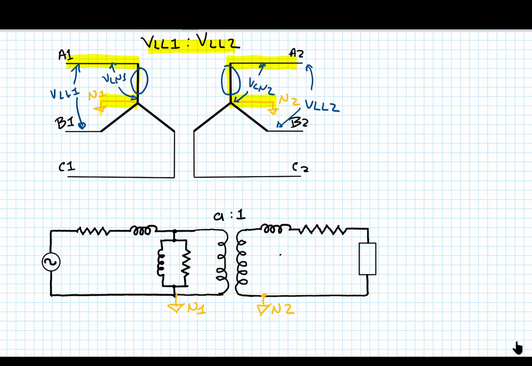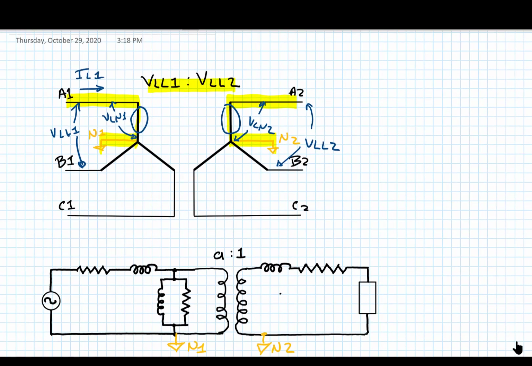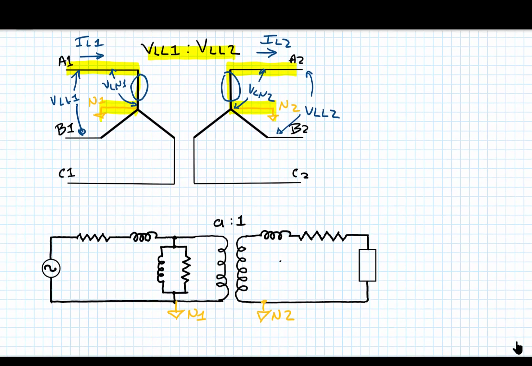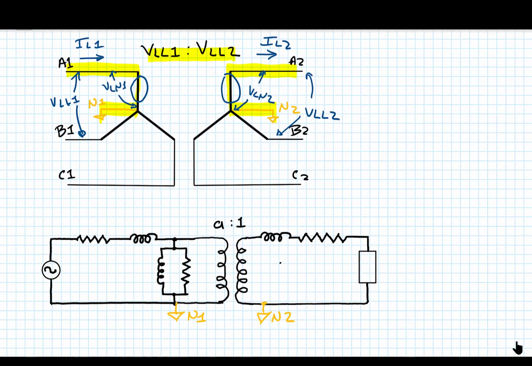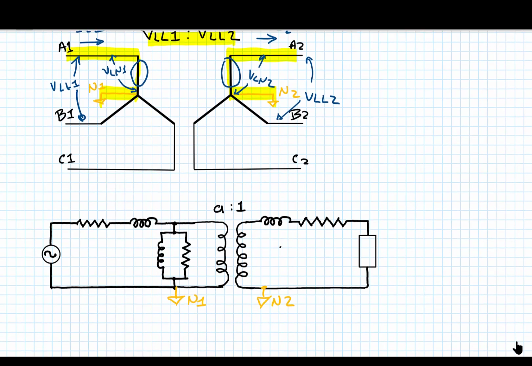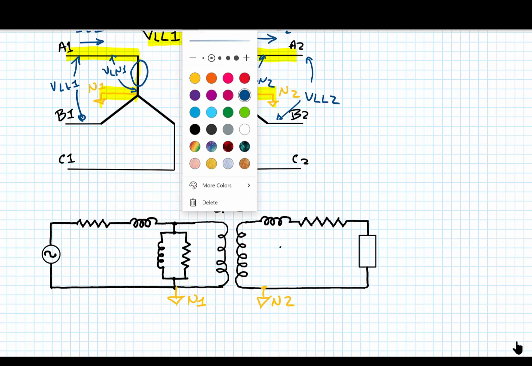There are line currents coming in on the primary side and going out on the secondary side. The nice thing about it is that these line currents are the same as the phase currents. So the drawing that I have shown right below here is a drawing of the transformer phases.